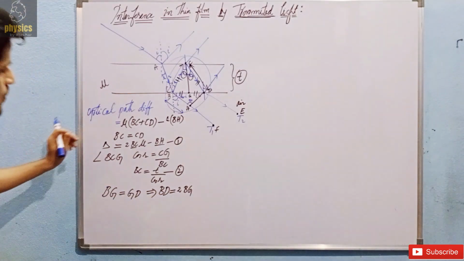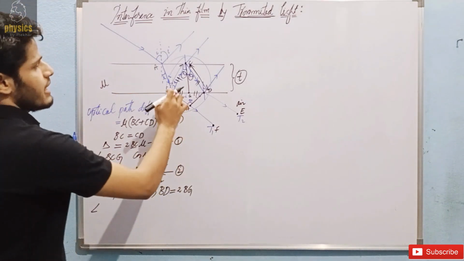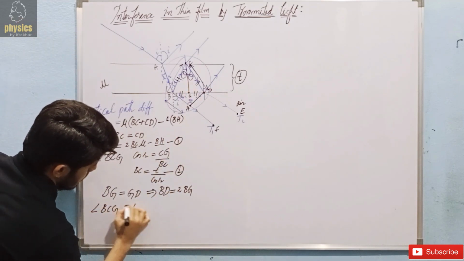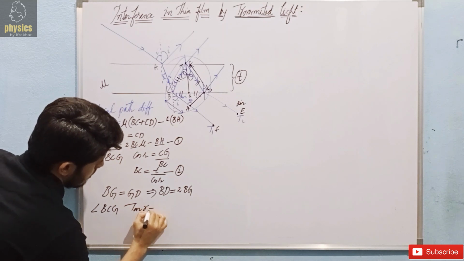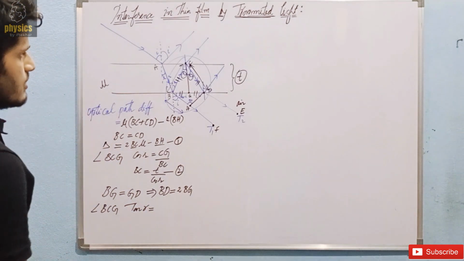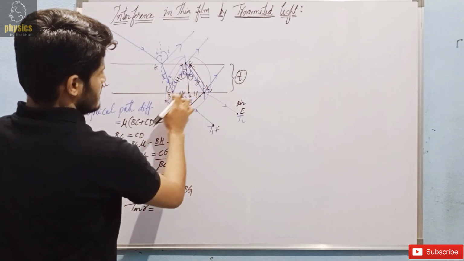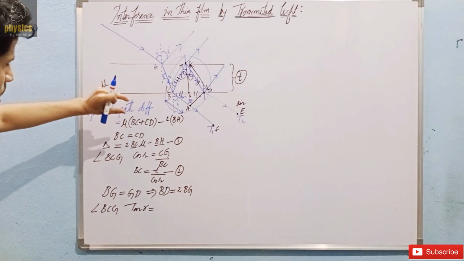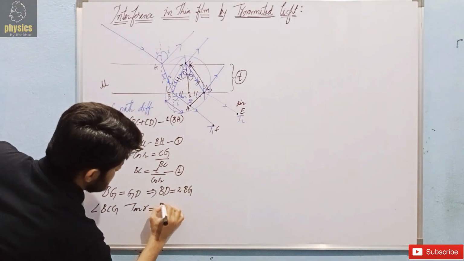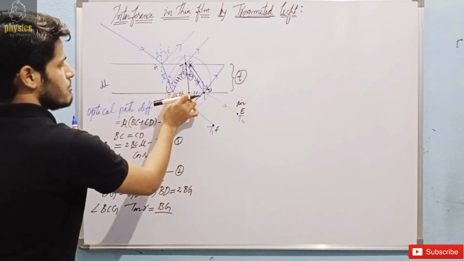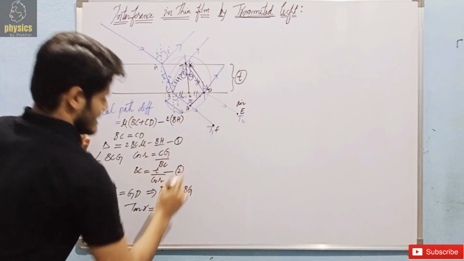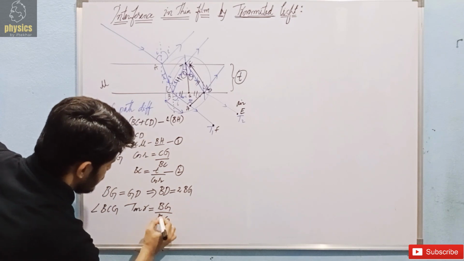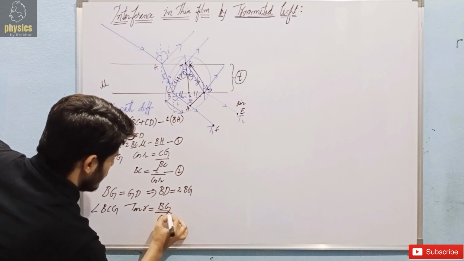Okay, now from triangle BCG, tan R can be written as opposite, that is BG, divided by adjacent, that is CG. Now we have to find out the value of BG.